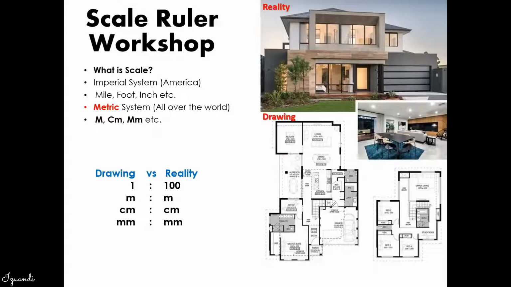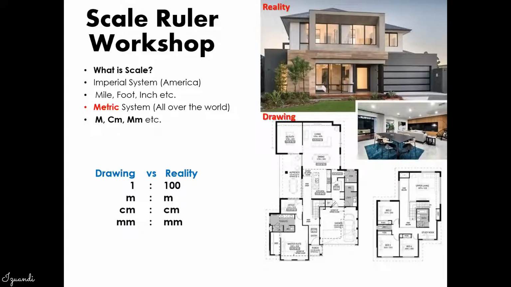Okay, first thing, drawing versus reality. For example, on your drawing, or on your scale ruler, it's mentioned 1 to 100. There are many kinds of scale: 1 to 200, 1 to 500, 1 to 5,000, and more.